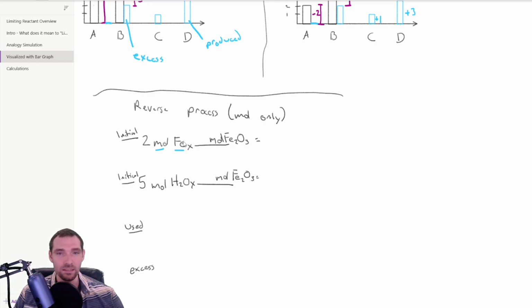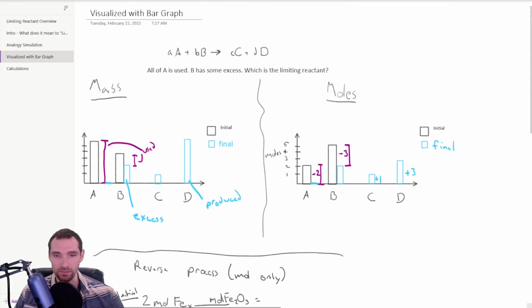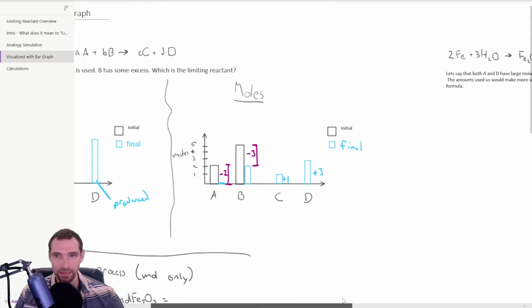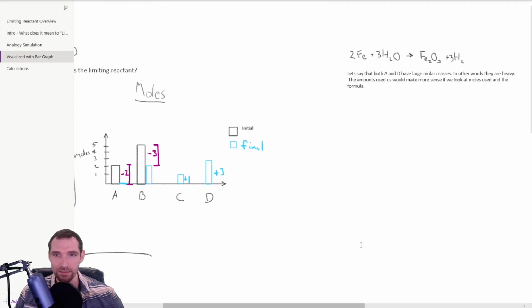So in this situation, we can say how many moles of iron are going to be needed to make some moles of iron oxide. If we look at the reaction, we have a 2-to-1 ratio, and that makes sense.